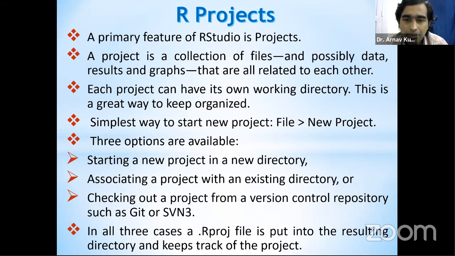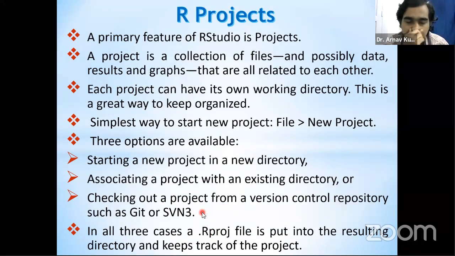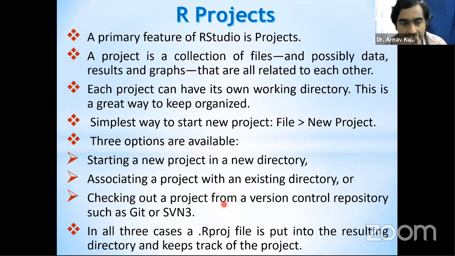For example, for R project, you will have dot Rproj, R shortcut for R project. Similarly, you will have dot RData for R data, and for text files, like the one I sent yesterday, it will simply be dot R. So it will start with dot R and then project or data or something.